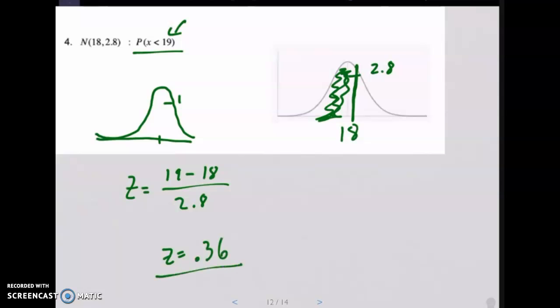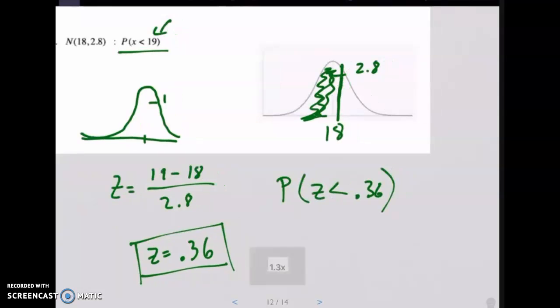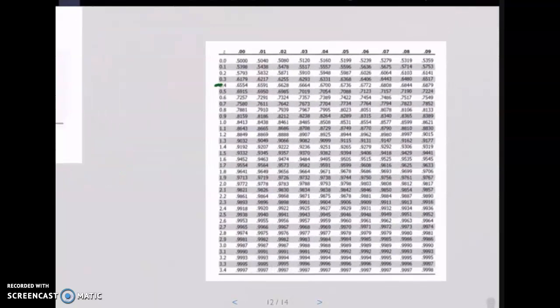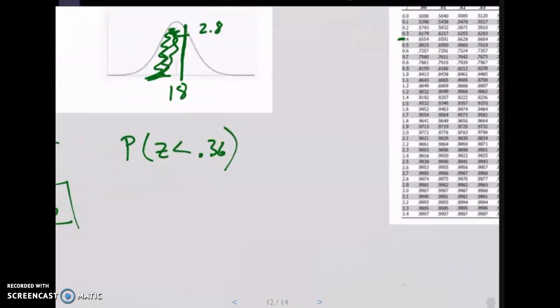So now what we have is the same type of problem that we were doing before. So let's find the probability that z is less than 0.36. So all we do is go over here, find 0.3, go over to 6, boom, 64.6%. Beautiful.